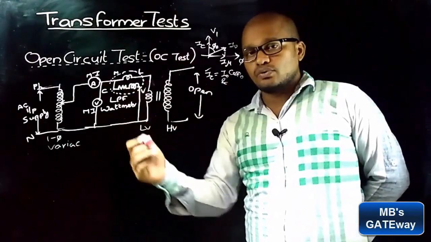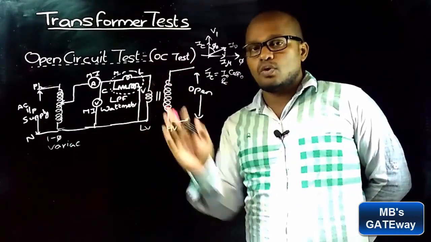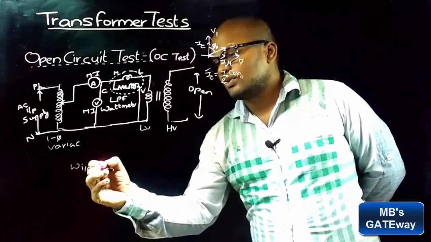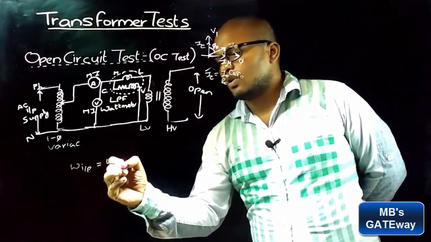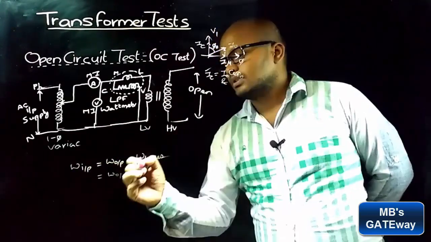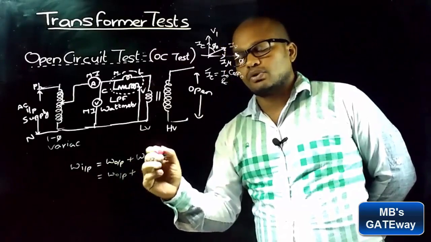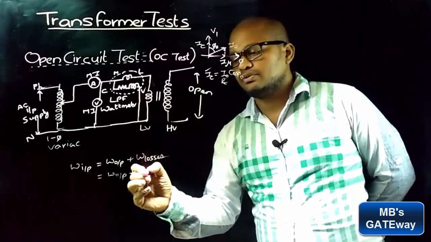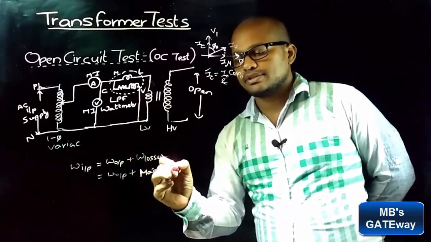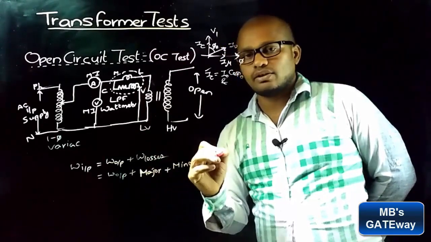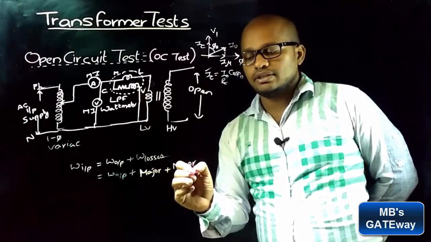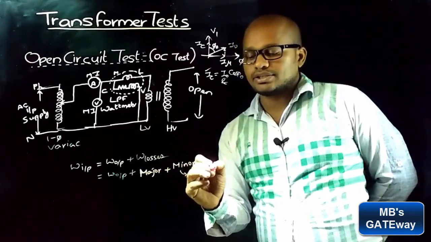Now let's discuss how to find the iron losses from the open circuit test. As it is known that total input power is equal to total output power plus losses. As discussed, the total losses in the transformer are classified into major losses plus minor losses. As minor losses are very low, these can be neglected.